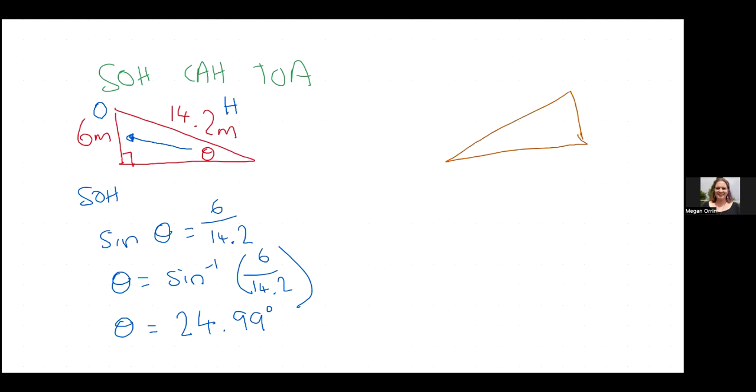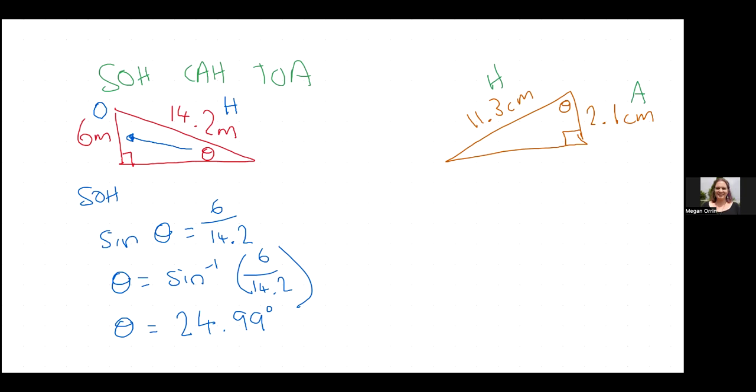This is going to be my unknown angle. I'm going to say that this side is 2.1 centimeters and this is 11.3 centimeters. Help me label it. What is 11.3? The hypotenuse. What is 2.1? The adjacent, because it's next to the angle. So what am I using?